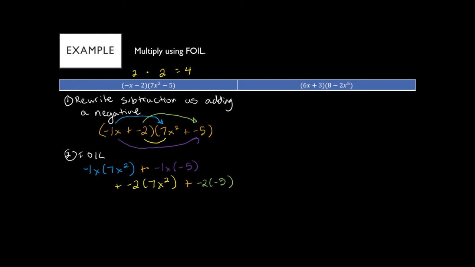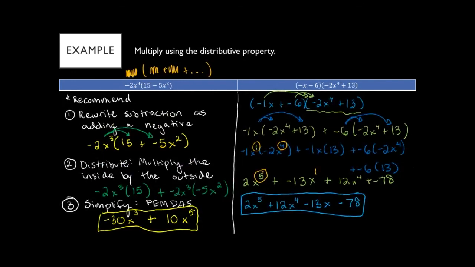What FOIL has done is basically taken what was the distributive property and skipped a few steps. If you see what we've done here, this is very similar to what we got right here, this step. Maybe I should use a different color there. This step in the darker blue here, where we got these four things that we multiplied.